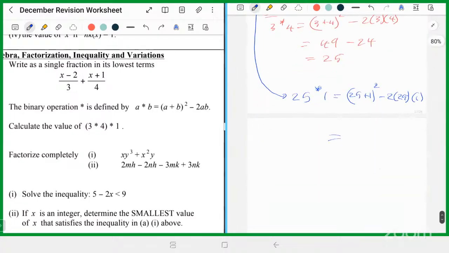This reduces to 26 squared minus 2 times 25, which is 50, and 1 is still 50. So it's 26 squared minus 50. That works out to be 626. That's the answer.